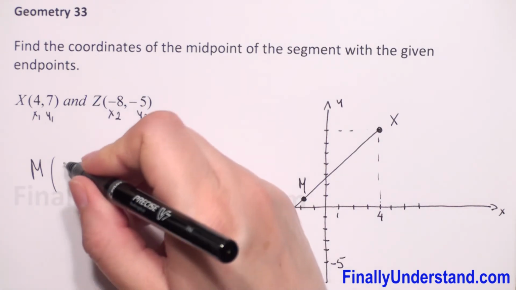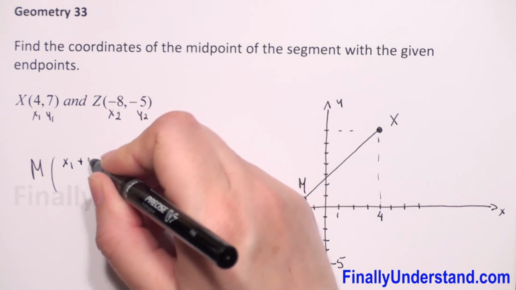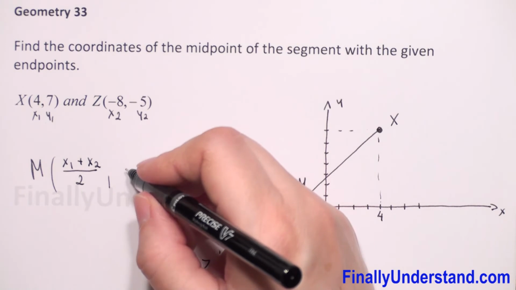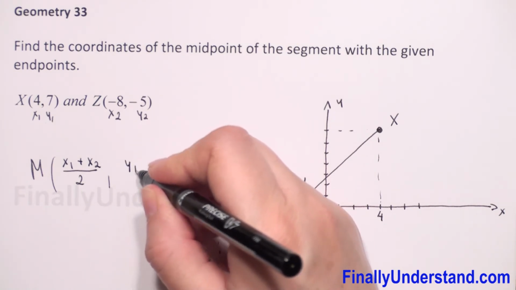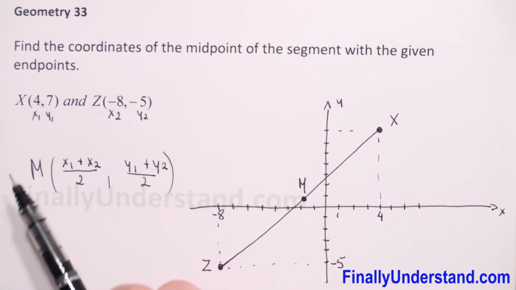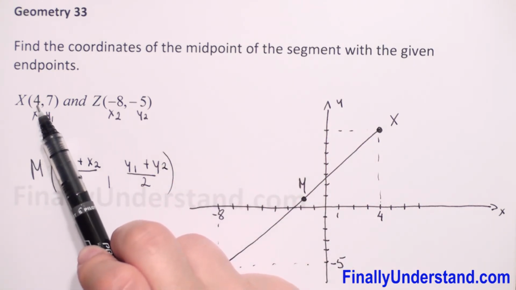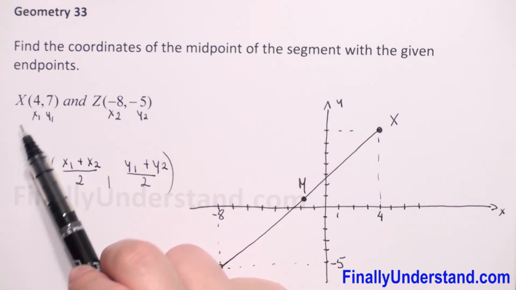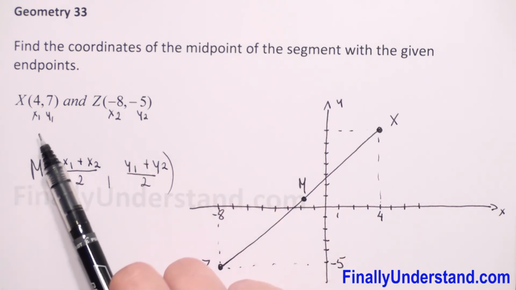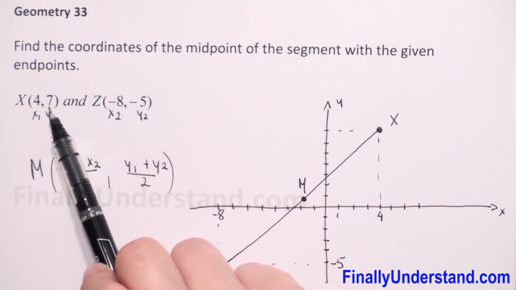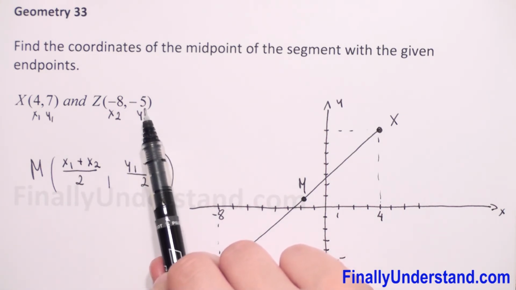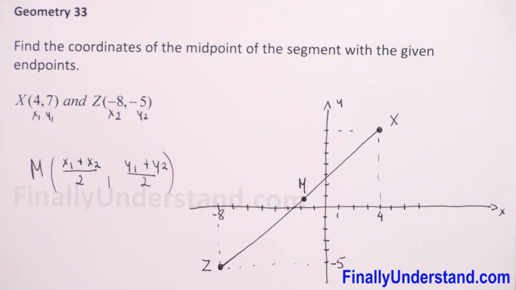So we have (x1 plus x2) over 2, and the second coordinate is (y1 plus y2) over 2. x1 is the first coordinate of our X point, x2 is the first coordinate of our Z point, y1 is the second coordinate of our X point, and y2 is the second coordinate of our Z point.